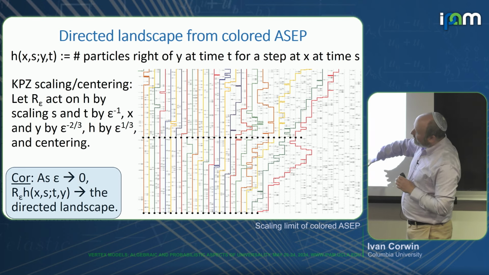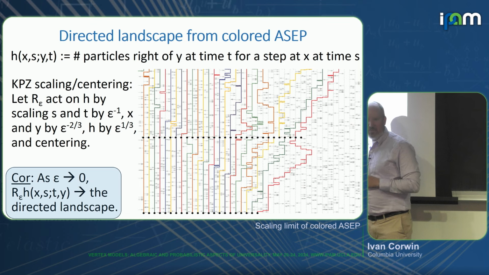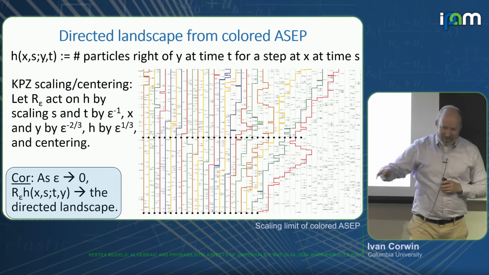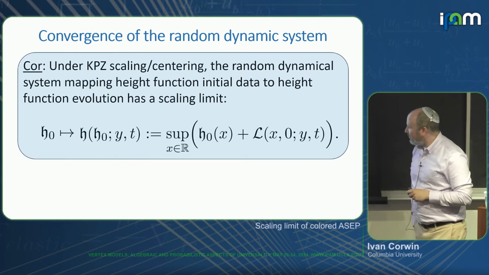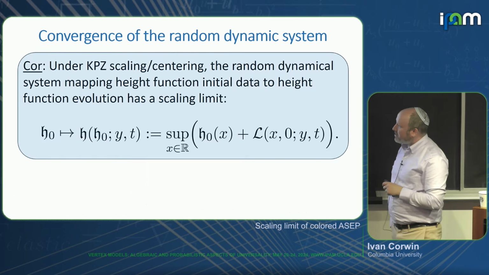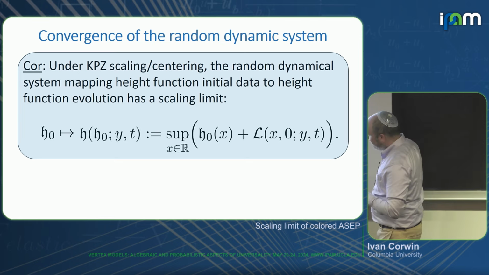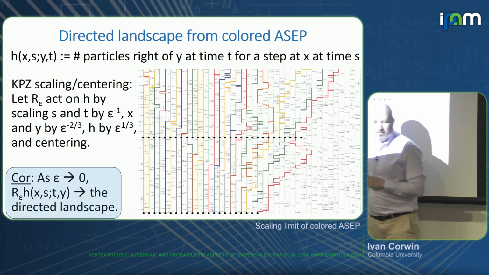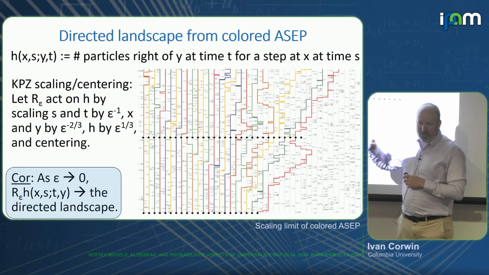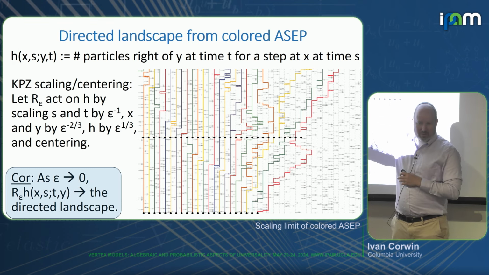So this is not quite a full scaling limit yet, because I can only deal with these special step initial data. The last step is to get away from the step. There's one final result that I'll give in this direction, which does exactly that. Imagine you had some arbitrary initial data at some arbitrary time, and you apply the same scaling, R epsilon, to it.